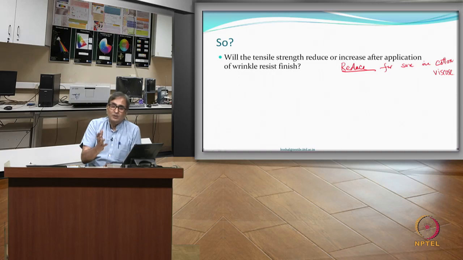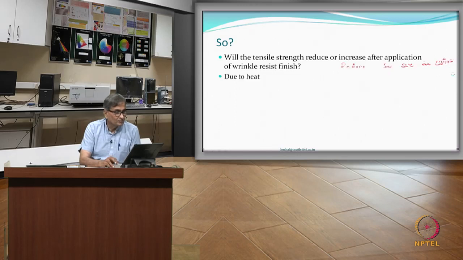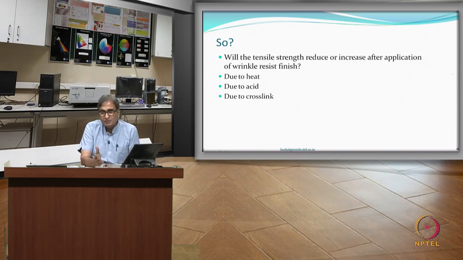We would like to optimize in a manner that the losses due to heat and due to acids are as small as possible, so that whatever then happens, happens because of cross-linking itself. Due to heat there can be losses, and due to acids there will be losses if you do not control them, but due to cross-linking, in both types of fibers, wherever the crystallinity is less, the behavior will be different than, let us say, cotton.